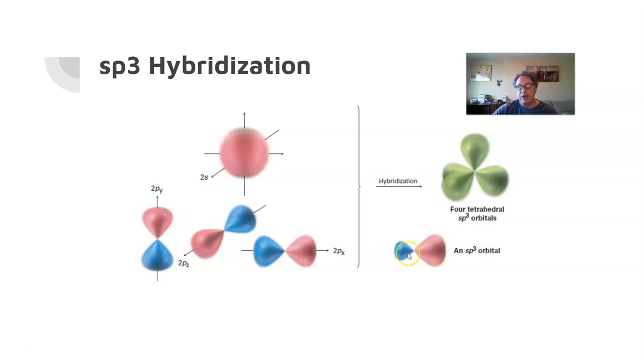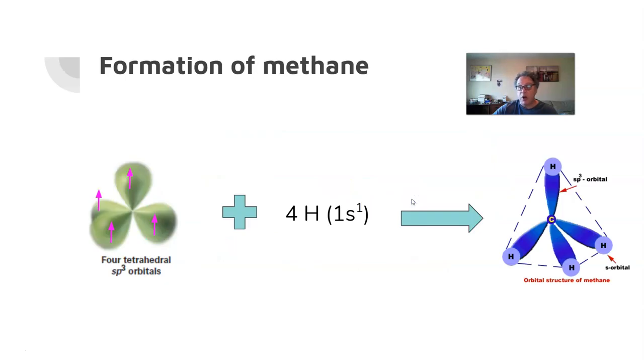One of the lobes is actually greater than the other lobe, so it has direction. All right. So what, you say? Well, now, because you have 4 identical degenerate sp3 hybrid orbitals, and because carbon has 4 valence electrons, those 4 valence electrons all go into, one at a time, those 4 hybrid sp3 orbitals.